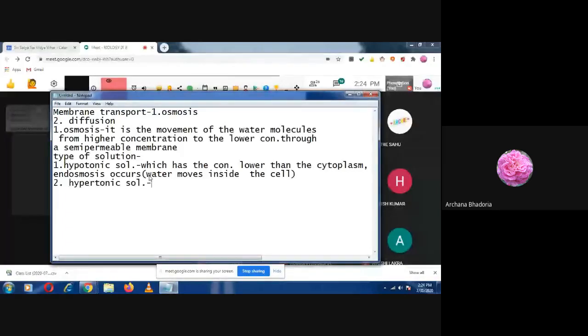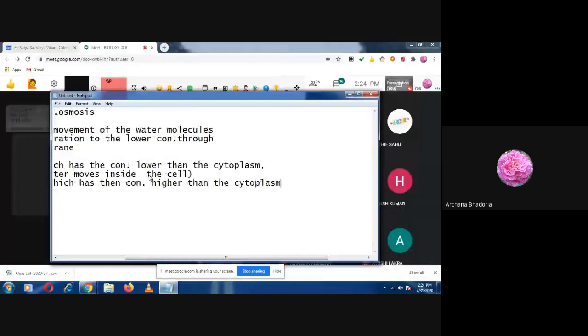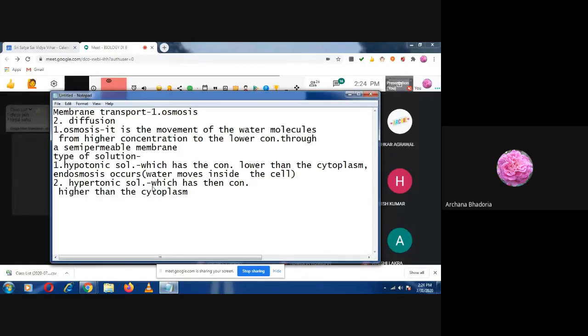So you can write down: which has the concentration higher than the cytoplasm.